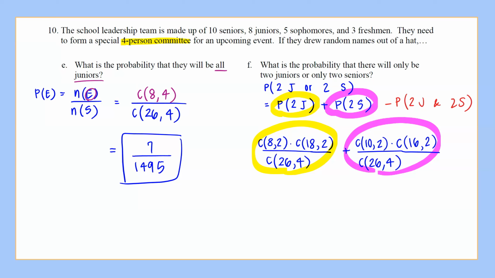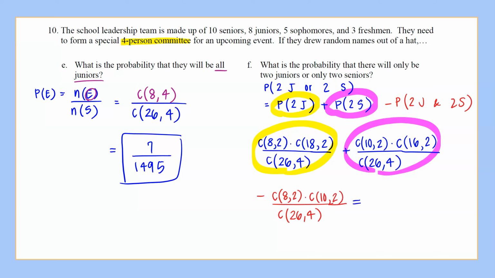I also could have had 2 juniors and 2 seniors from the second probability. So because I counted that group twice, I have to subtract out that intersection. So subtract, the denominator is still the combination of 26, 4, and the numerator would be the total number of ways I can select of the 8 juniors, 2 of them, and of my 10 seniors, 2 of them.